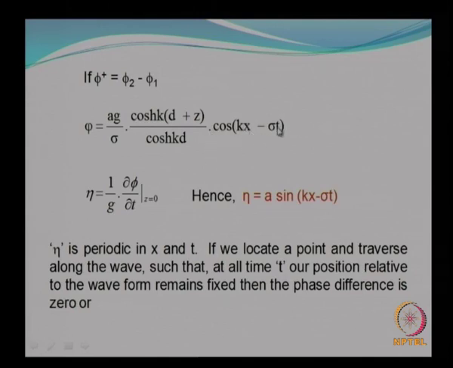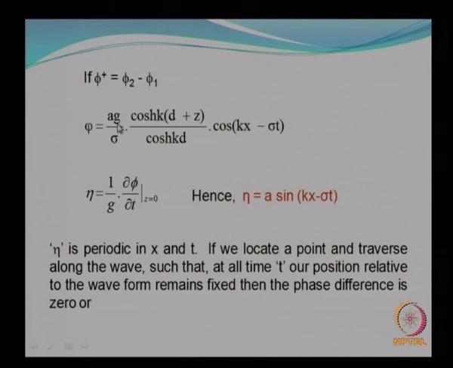If you assume the whole thing as theta, so this is a cosine curve for a sine wave. For the time being, you assume that kx minus sigma t is equal to some theta. When the variation of the wave elevation is in the form of a sine curve, the potential will vary in the form of a cosine curve.